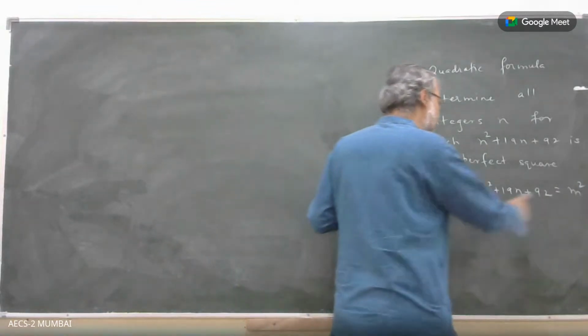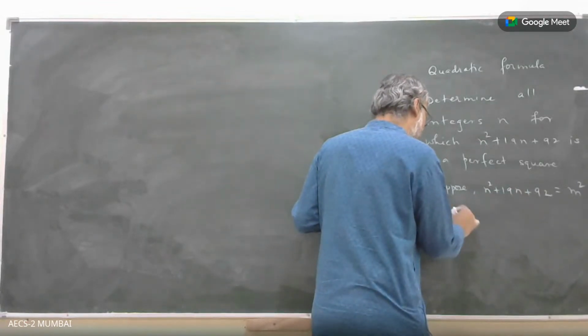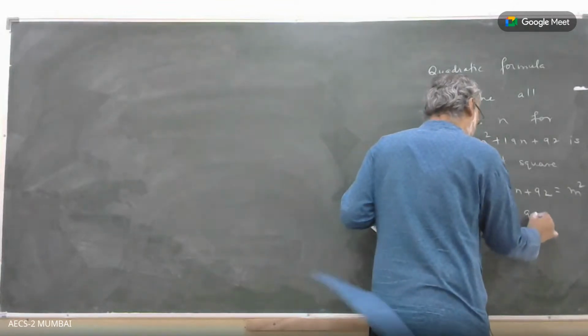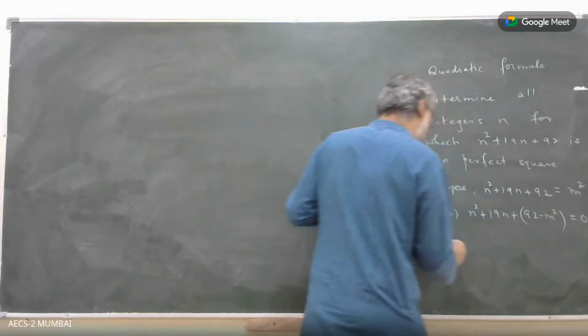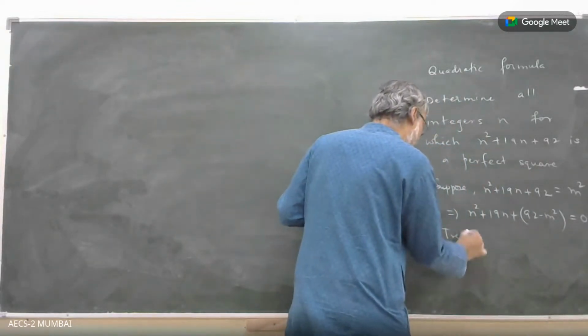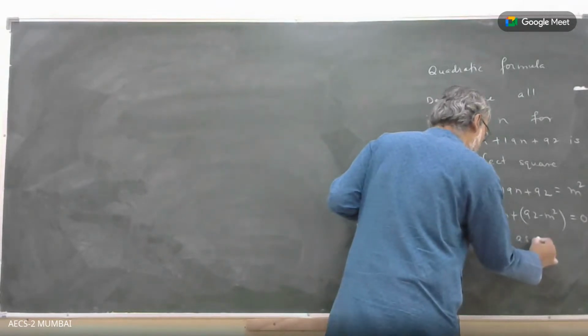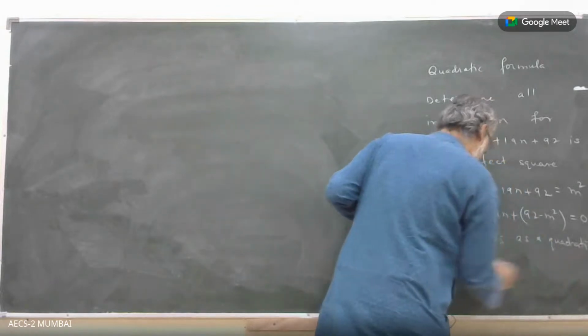And now you treat this as a quadratic in n, treating m as constant.